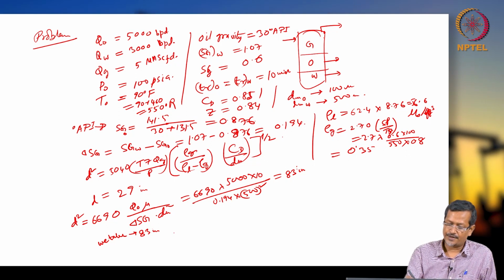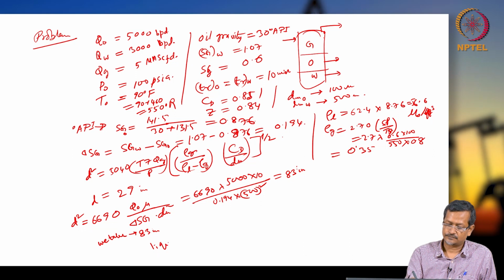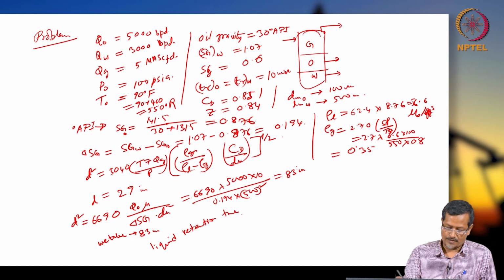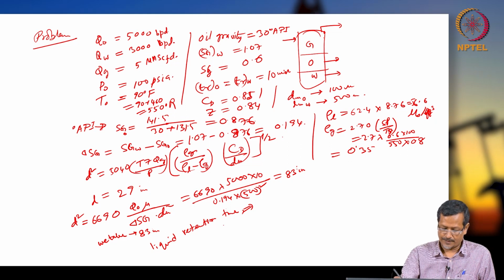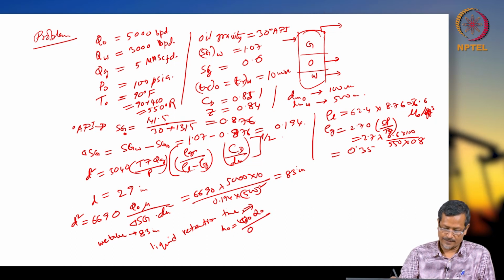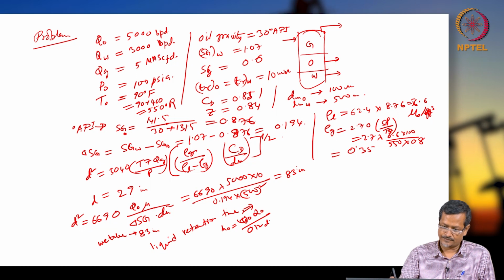Now the liquid retention time calculation. HO equals TRO QO divided by 0.12 D square.